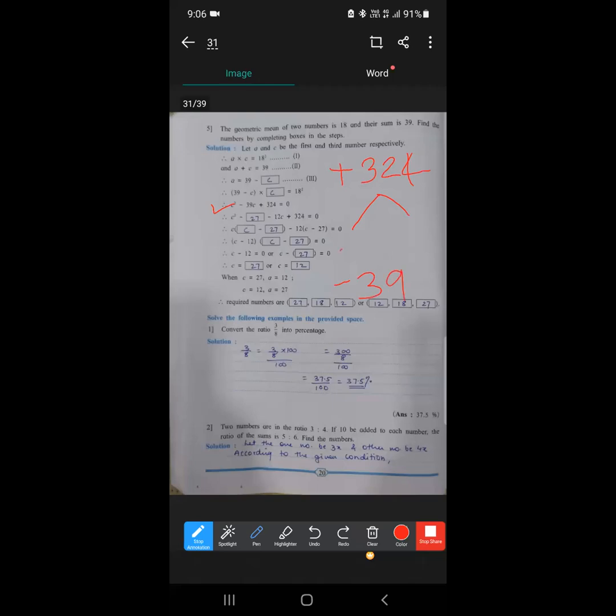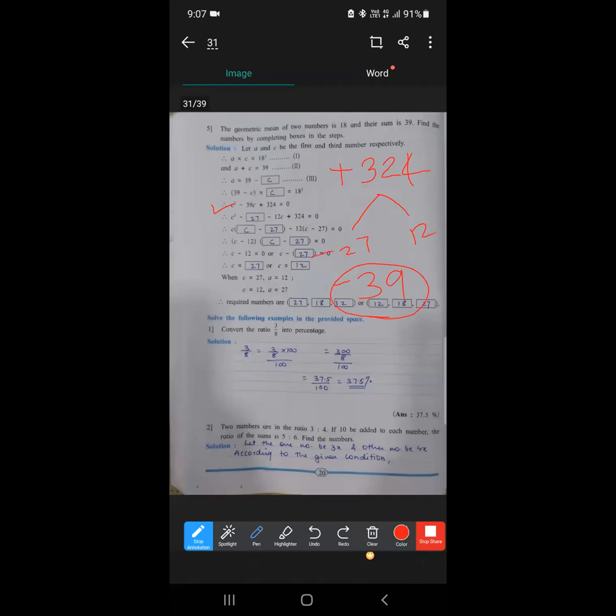Okay, so 27 and 12, these are the two factors, and here plus 324, the sign of the 324 is addition. So you need to add the two factors so that you get the middle term, that is the 39. Okay, and the sign of 39 is minus, so that will go for the bigger number.